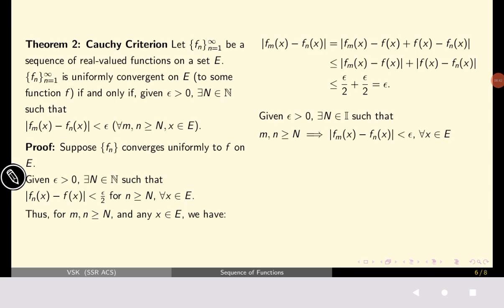Now let us take this theorem that is called the Cauchy criterion. Let us see the statement.